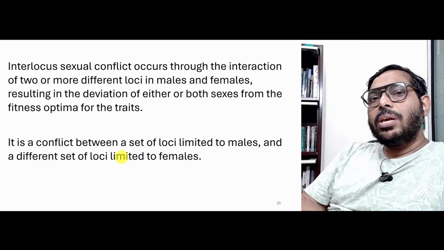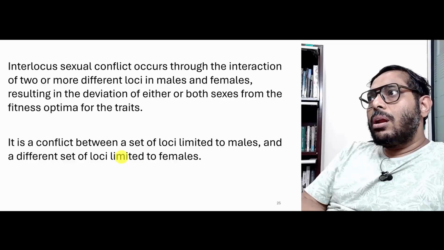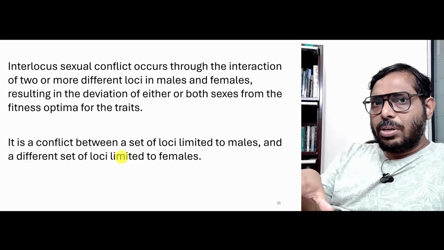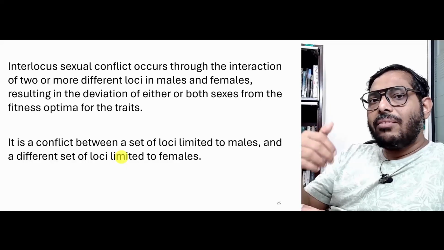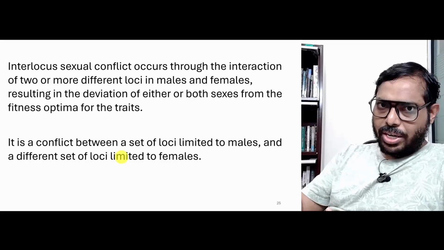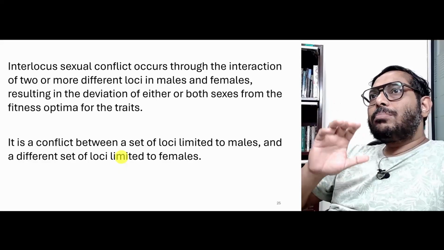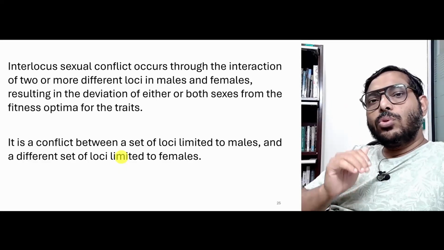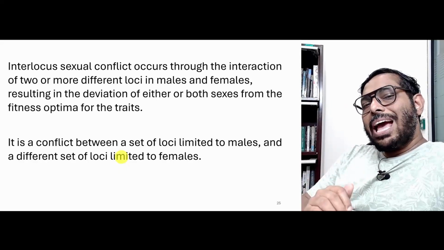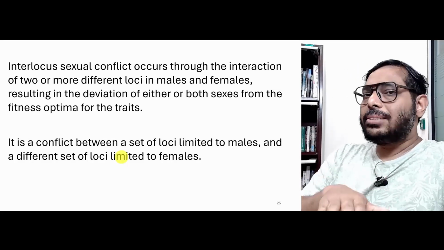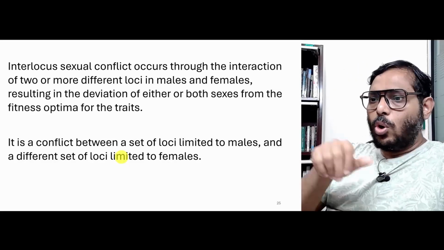Now, in the context of behaviors, a lot of conflict is behavioral, right. We nowadays know that many of these are actually related to genes, but for a long time people thought that many behaviors are simply environmentally stimulated. So, this intralocus, interlocus, these are explicitly coming in the context of those behaviors where we have reasons to believe that the behaviors have a genetic basis. That is why they are talking about loci.